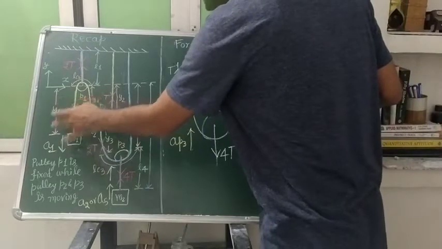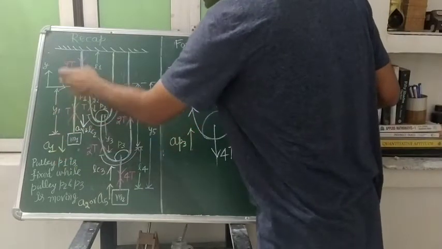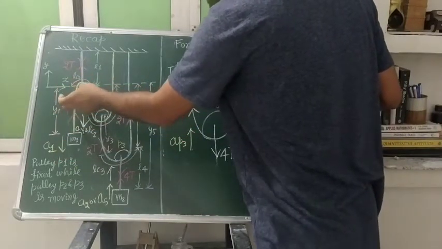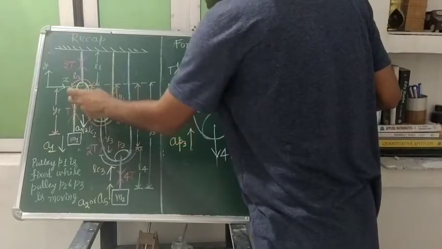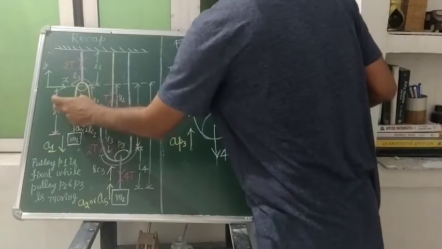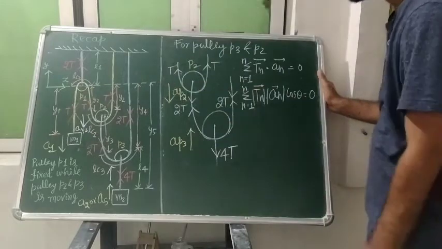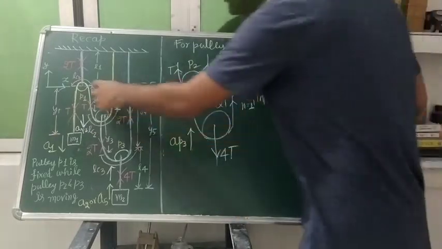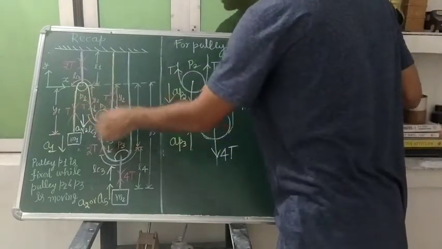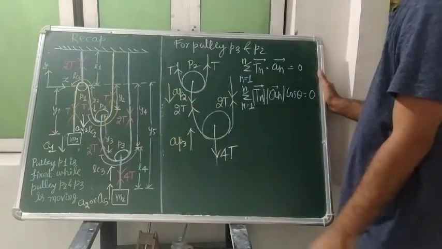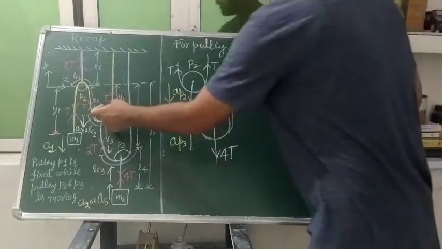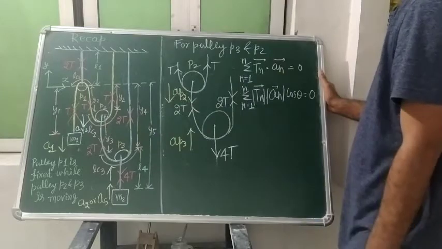Now, this tension T with this A1 vector, and for this pulley you can say it is the same tension acting here. So that will become wrong, because the net tension acting here is twice of this on this pulley.